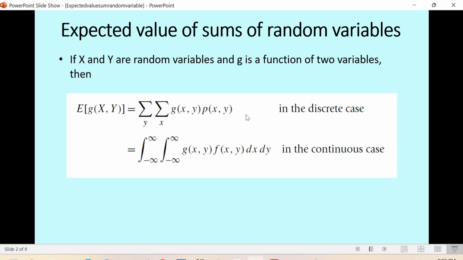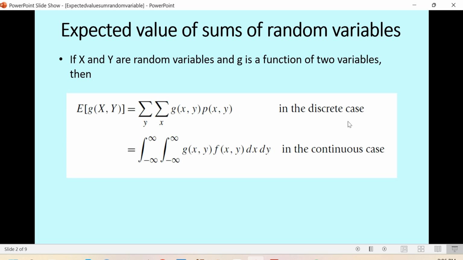So if we know the joint probability function for x and y, then the expected value of a function of x and y, g(x,y), can be expressed as the summation across the different values of x and y of this expression times the probability of these joint variables x and y, right?